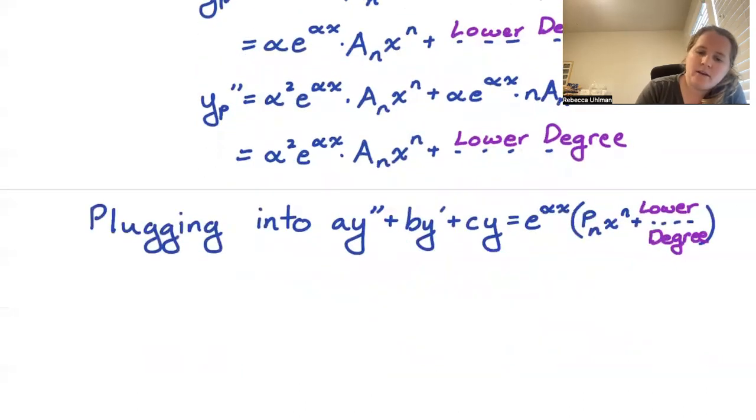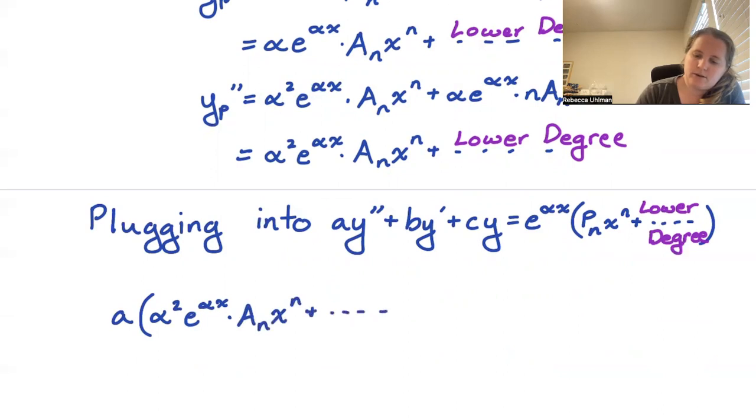Then what we would have would be a times alpha squared e to the alpha x times an x to the n plus our lower degree.